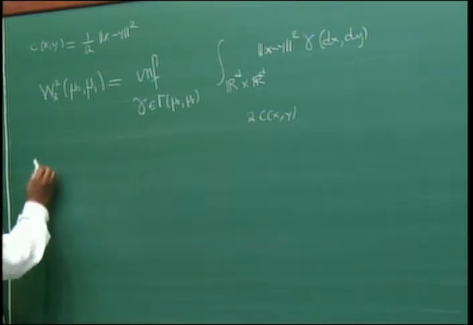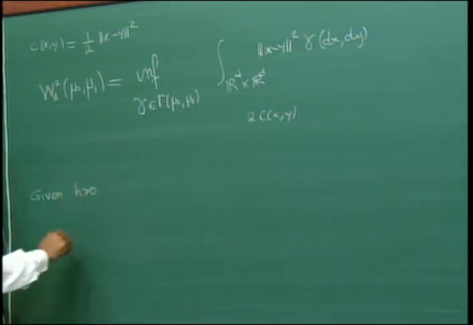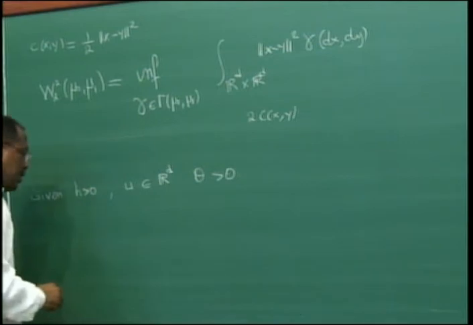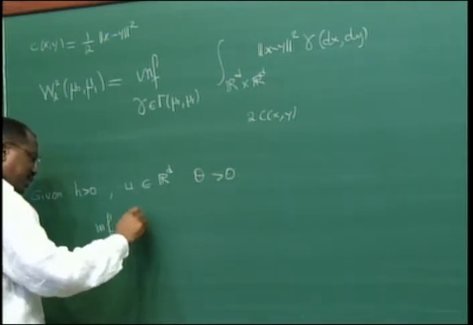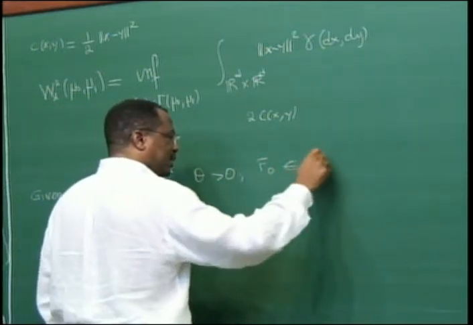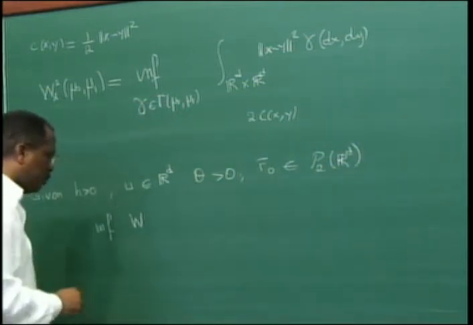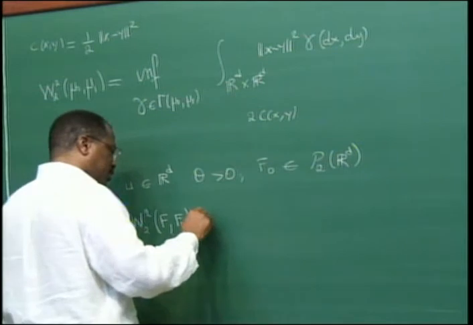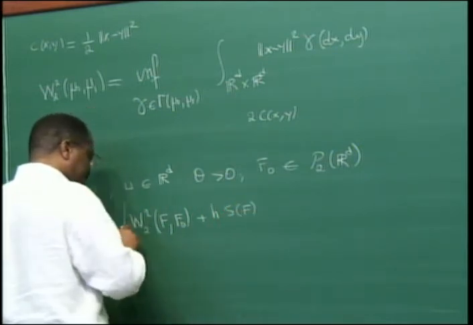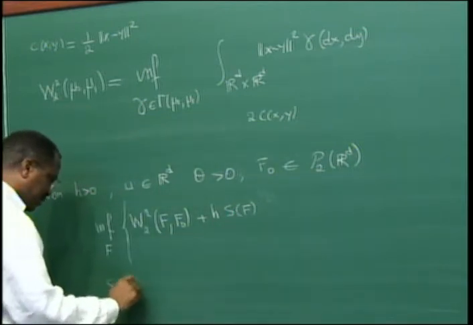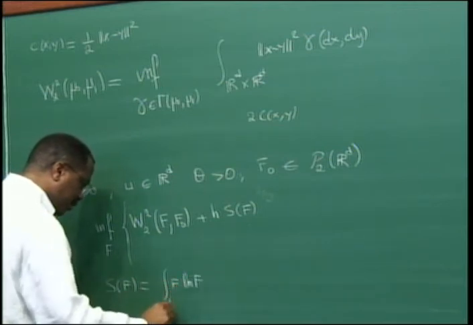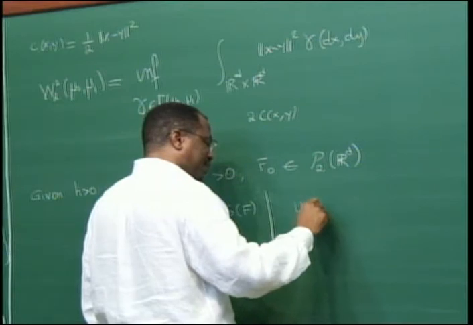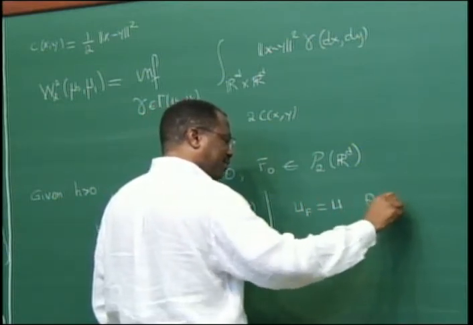Given h greater than 0, u in R^d, theta greater than 0, and given f naught, a probability measure on R^d of bounded second moment, minimize the Wasserstein distance squared between f and f naught, plus h S of f, where S of f is the negative entropy, the integral of f log f over R^d, subject to the constraint that the first moment of f is u, and the temperature of f is theta.